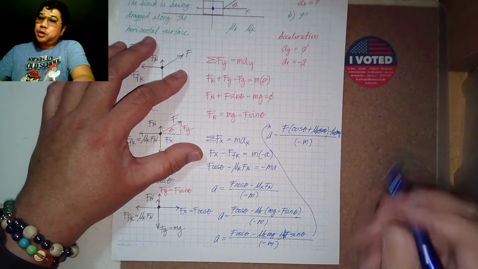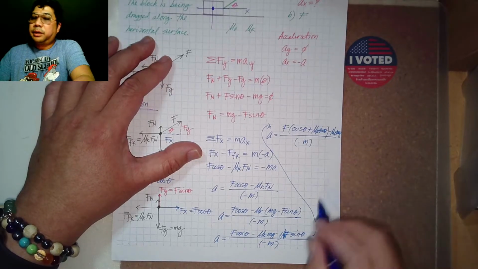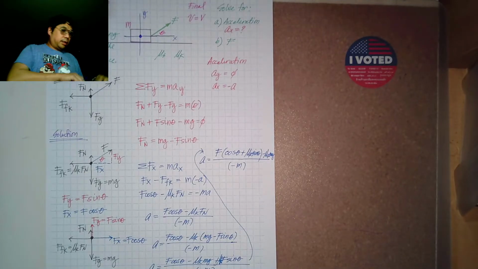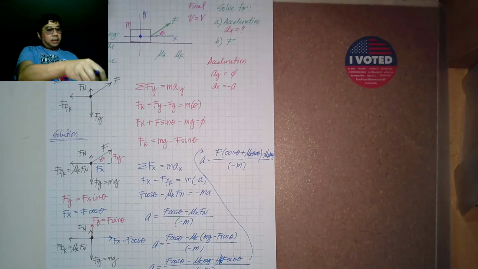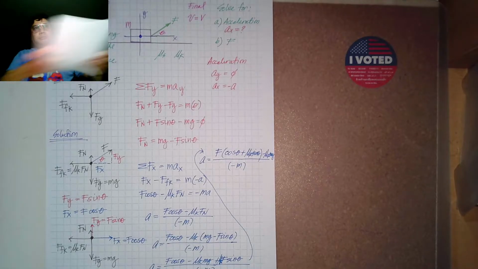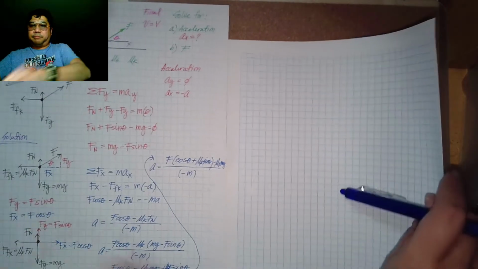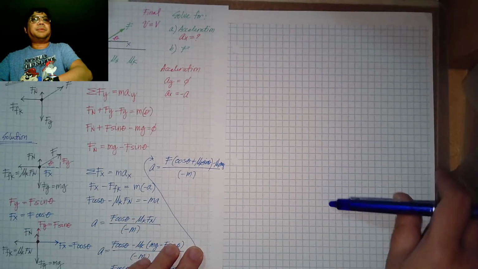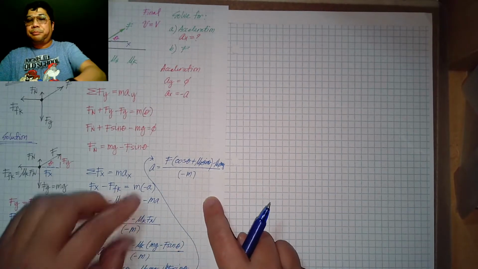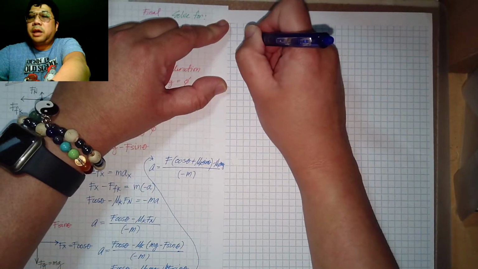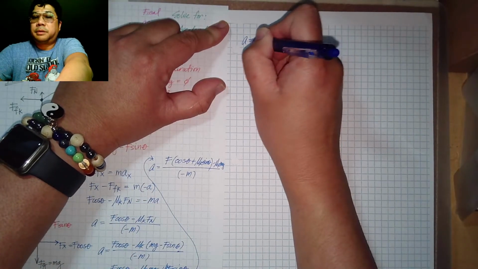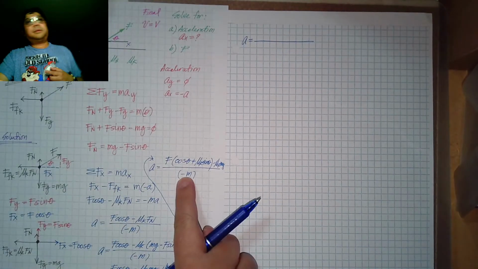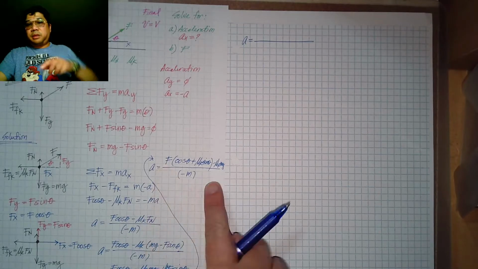Okay, you know what, let me just use another sheet of paper so we can actually see it better. I'm going to transfer this information right here. So that will give us a. What will happen is negative, positive, so I'll remove this.